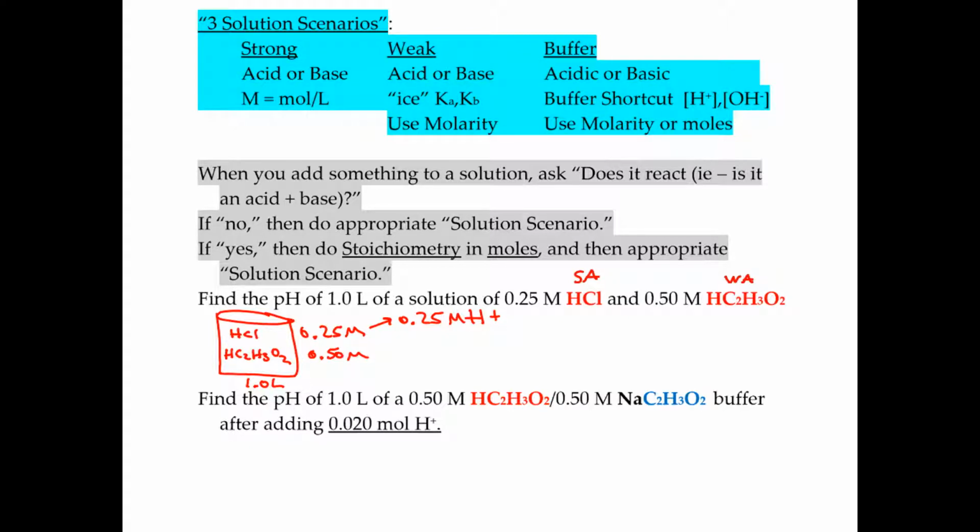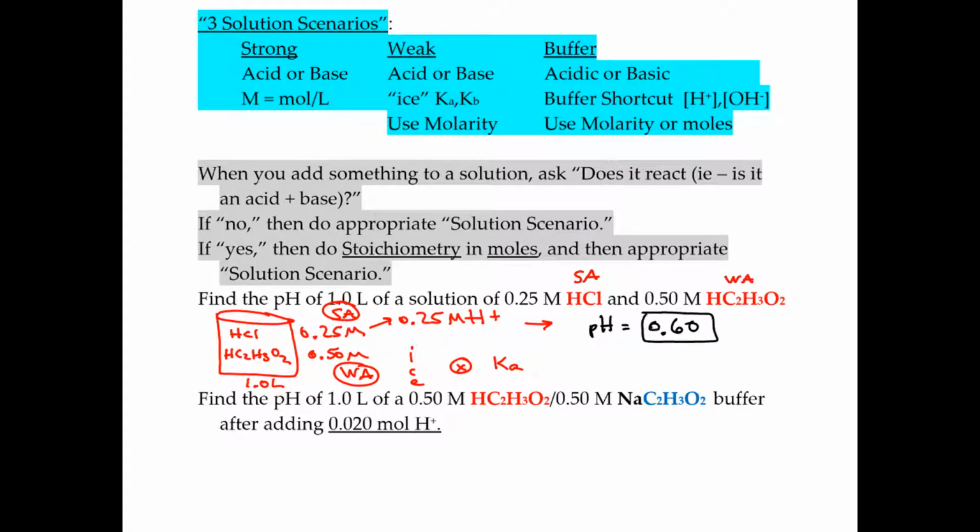And this was a strong acid, but this is a weak acid, so you should do ice and Ka technically. But remember that when you do your X is going to be so insignificant, you're not going to worry about it. So that means that the H plus is still going to be 0.25. All right, so then when you take the negative log of this, you're going to find that the pH equals 0.60.